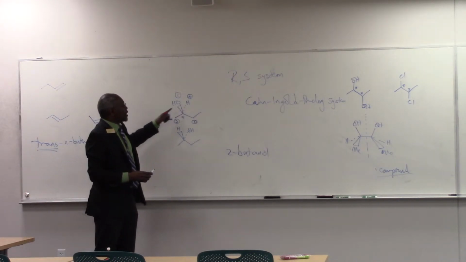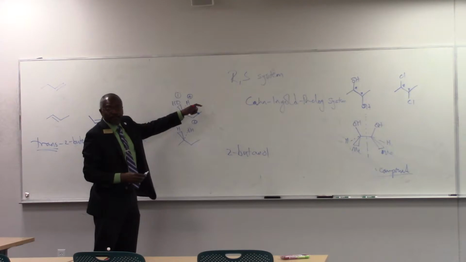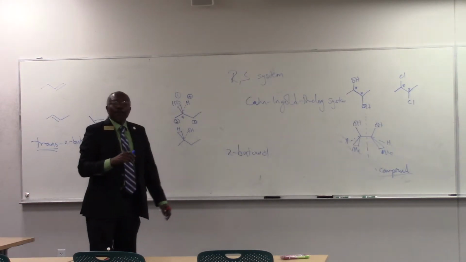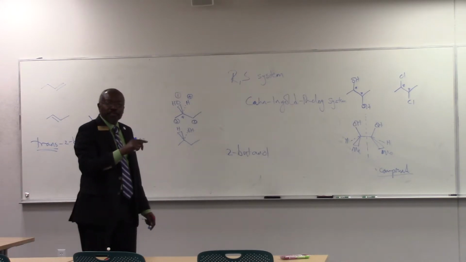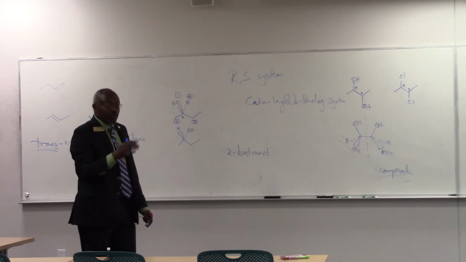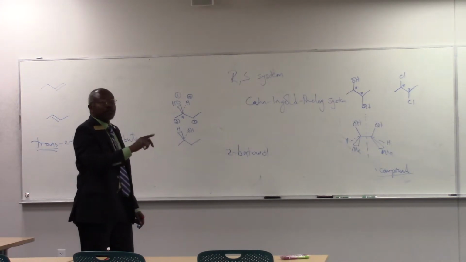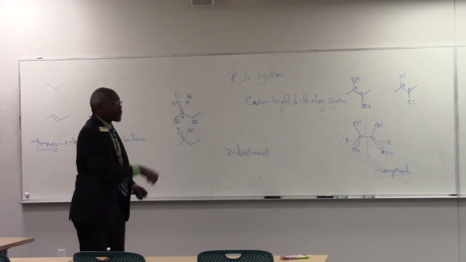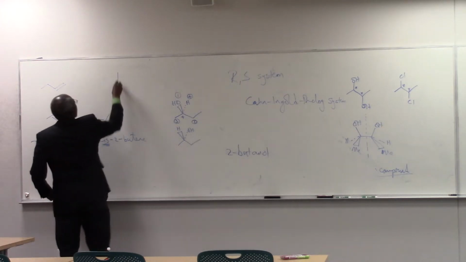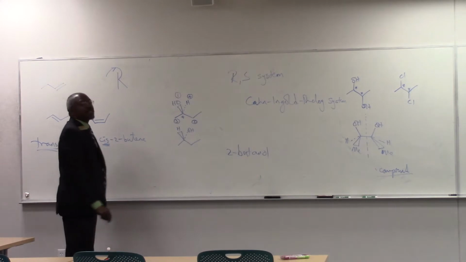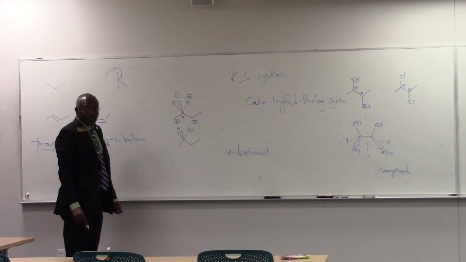So I'm looking at this molecule with the group of lowest priority pointing away from me. And then I'm going to say, if I go from first to second to third, with the group of lowest priority pointing away from me, and I go from 1 to 2 to 3 in a clockwise direction, I'm going to call that species the R enantiomer.